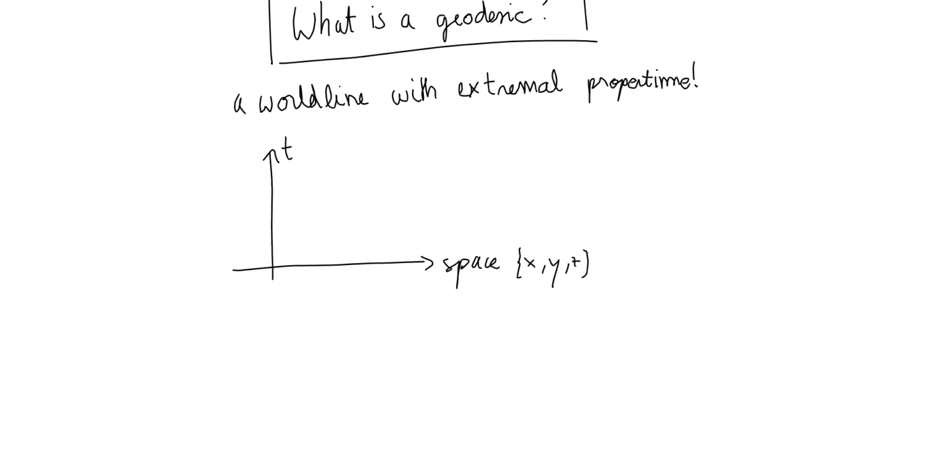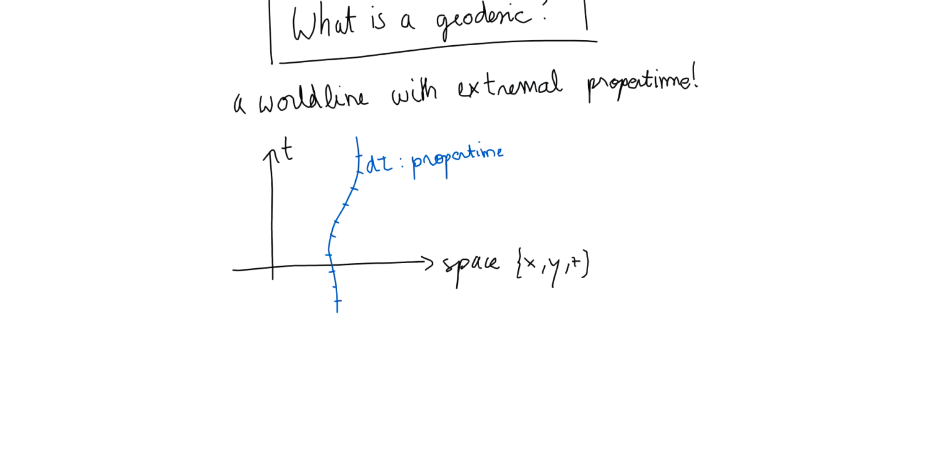It's the line through space-time that we draw, and on this line are little scales that we call proper time. And so a geodesic is a world line with extremal proper time.